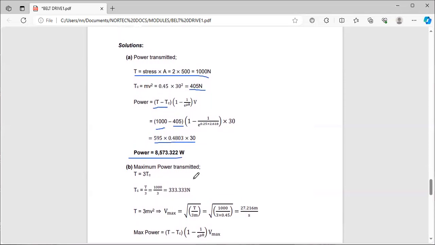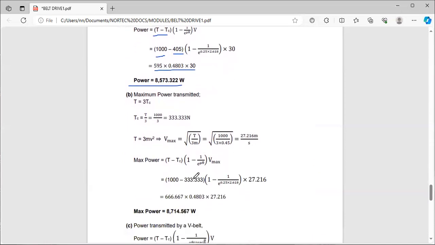Question B was asking for the maximum power transmitted. As for the maximum power transmitted, the condition is that the T is supposed to be 3 times Tc. Meaning from there we can get Tc by making it the subject. So it will be T divided by 3. And this is what you get, 333.333. Then what about T?